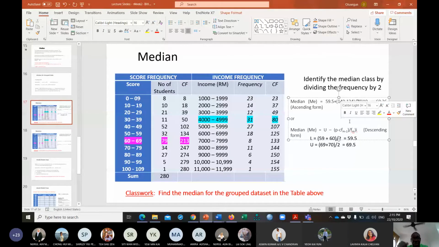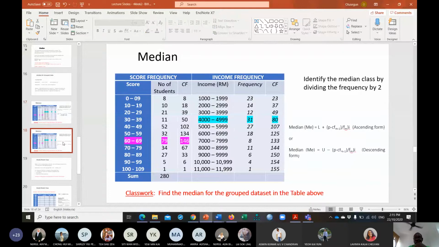So let's cross-check with the descending order formula. I move to the next slide because I'm trying to do the descending order. Now, when you want to do the descending order, instead of starting the cumulative from the top, we start from below because it's descending.